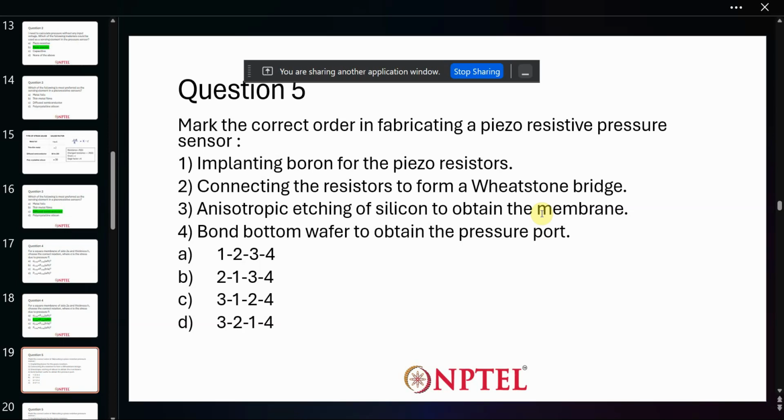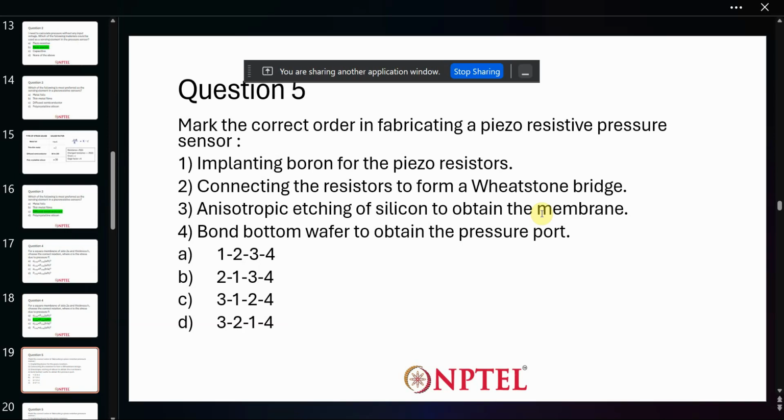The correct order is, first, we need to get the diaphragm, so the first step will always be anisotropic etching of silicon. Next, when you have the membrane, you need the sensing element, which is the boron implanted piezoresistor. You implant boron on the substrate so that you can get the piezoresistive effect. That will be the second step.